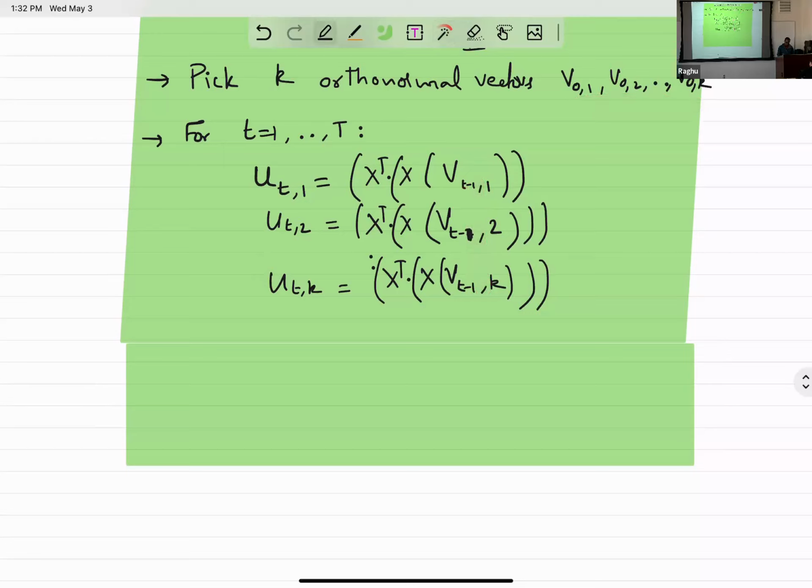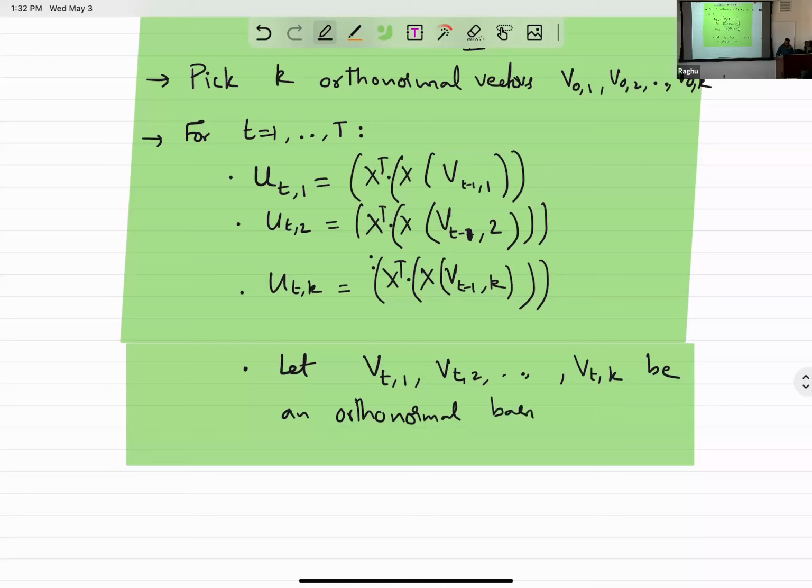So what do you do? You're an optimistic person, so I'll say, okay, I'll just fix it. Let VT1, VT2, so on up to VTk be an orthonormal basis for the span of them.